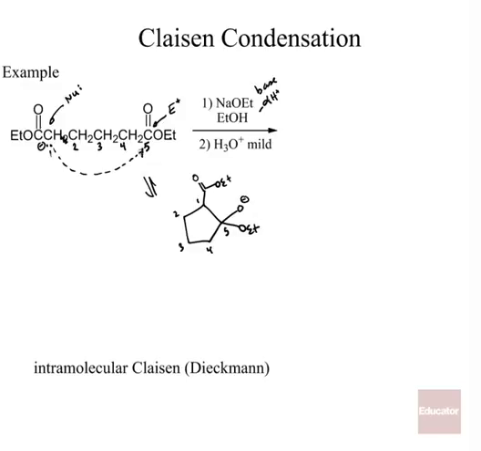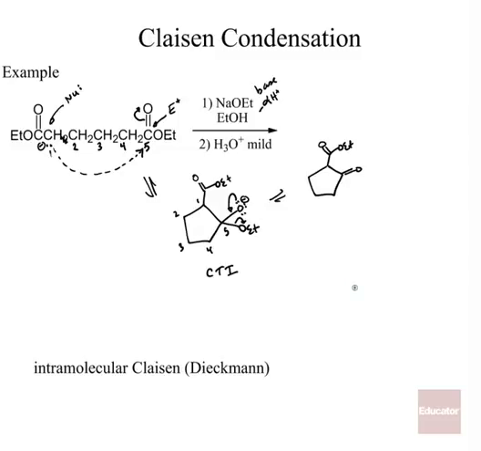All right, we can imagine this attacking and breaking the pi bond up. And where do we go from here? Well, this looks like a charged tetrahedral intermediate. And so we're going to have this collapse with our 2 arrows. Our O minus comes down, kicks off our leaving group. And we end up forming a ring that still has that same pattern of a beta keto ester that we expect for a Claisen.